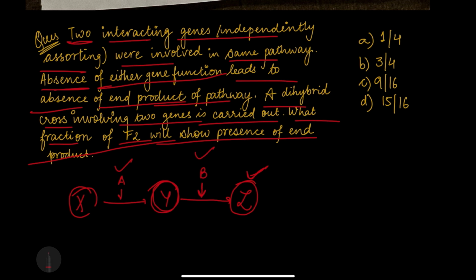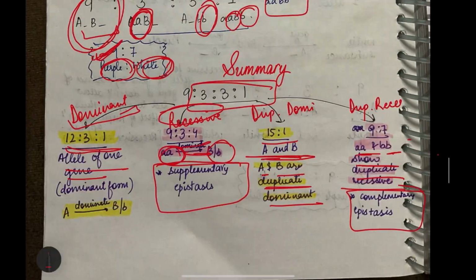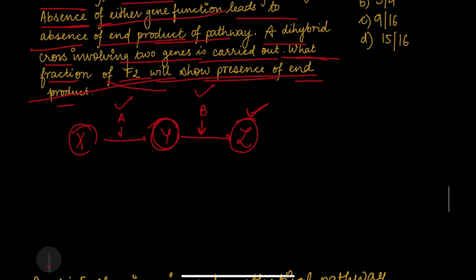So this is asking what fraction of the F2 will show the presence of end product. We have seen that we got capital A dash capital B dash, small a small a capital B dash, capital A dash small b small b, and small a small a small b small b, in the ratio 9:3:3:1.